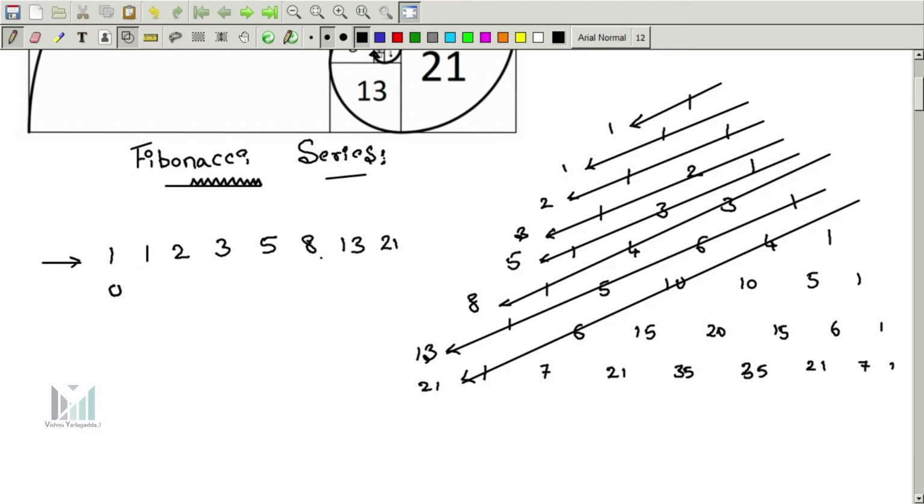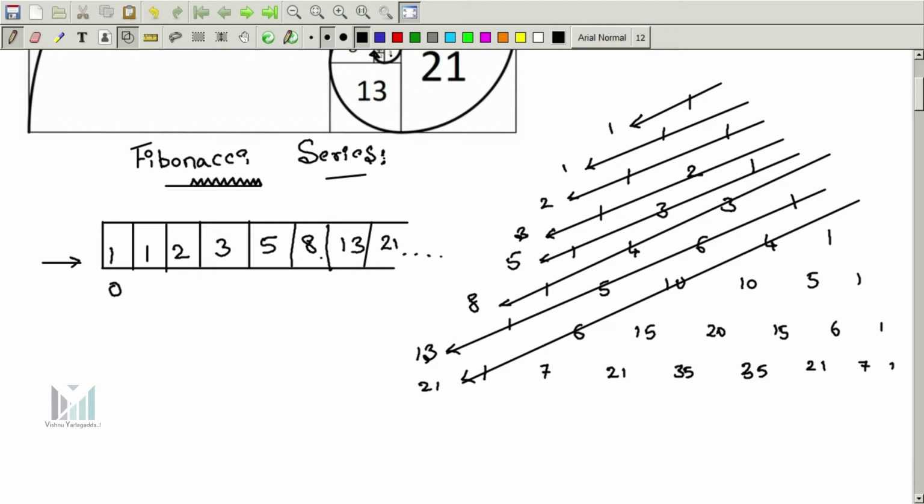If I consider it as an array, this is Fibonacci of 0, Fibonacci of 1, 2, 3, 4, 5, 6 and 7.